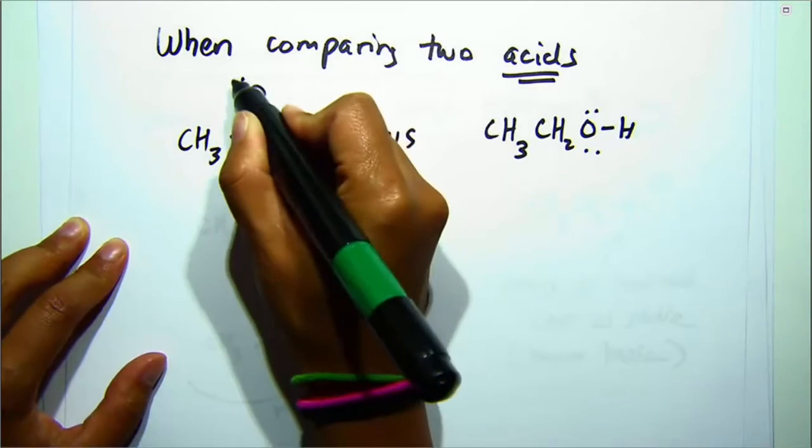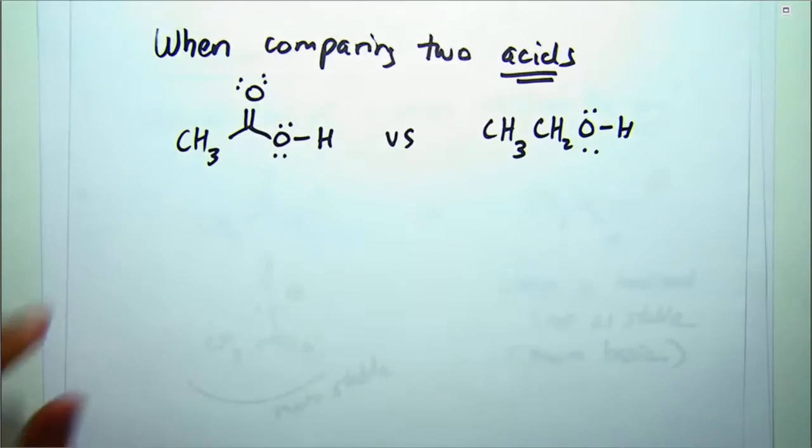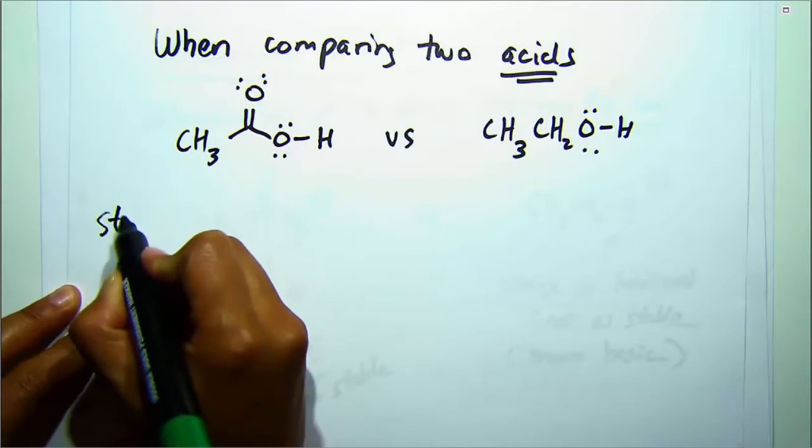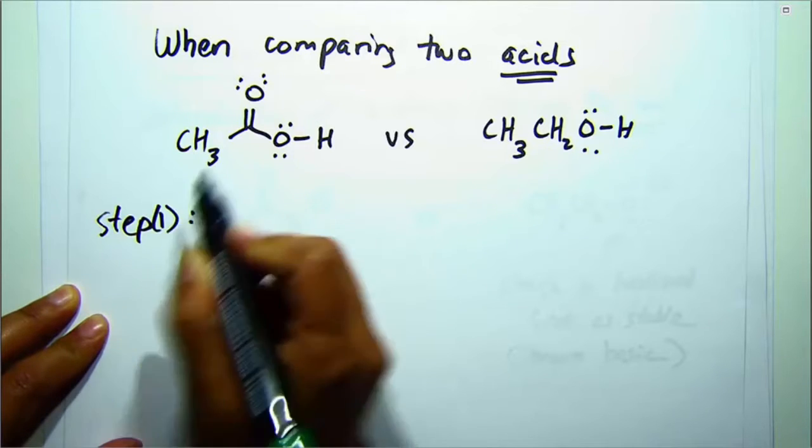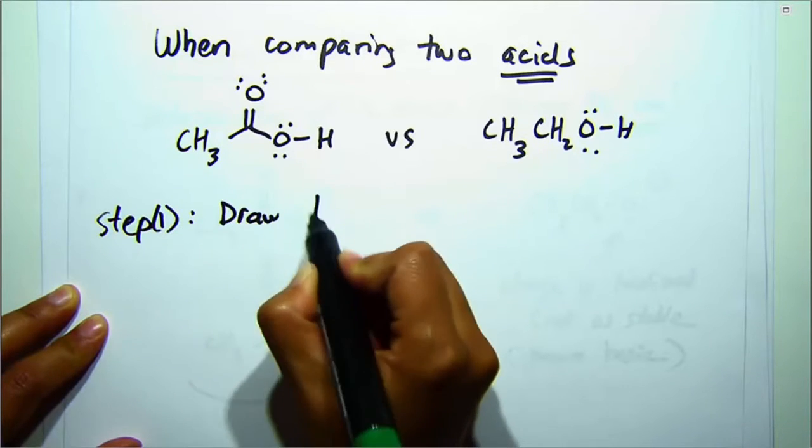This is the thing about the logic. It's really kind of hard to just look at two structures and compare them, because what we're trying to compare is a thermodynamic value, right? pKa, equilibria. And so the very first step in order to do this, step one, is instead of just comparing the acids, you're going to draw the conjugate bases.